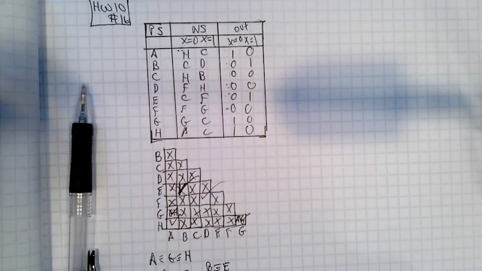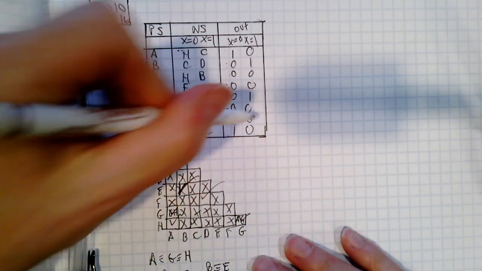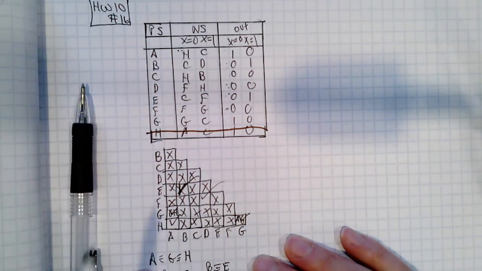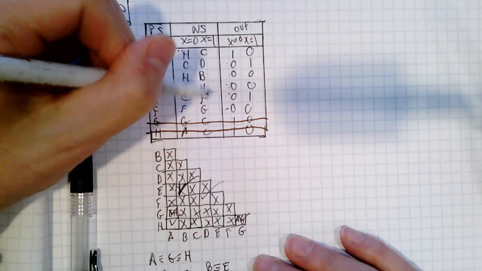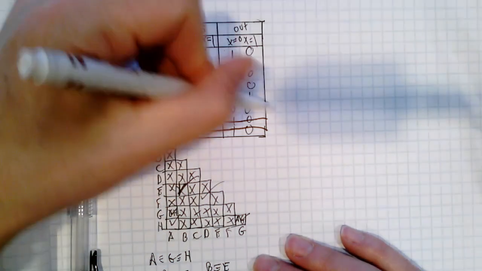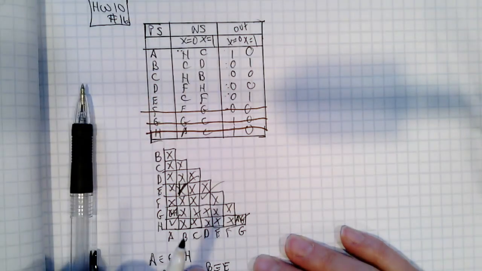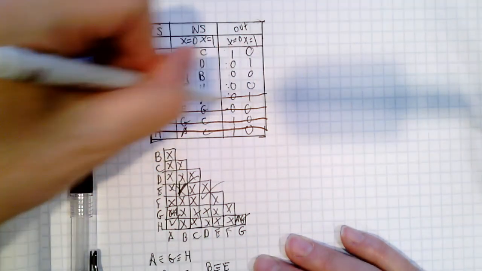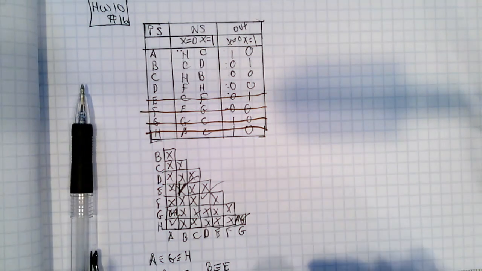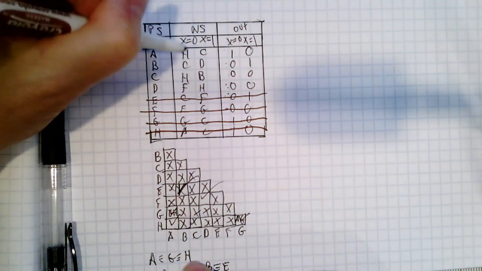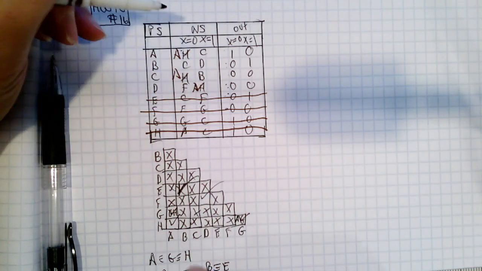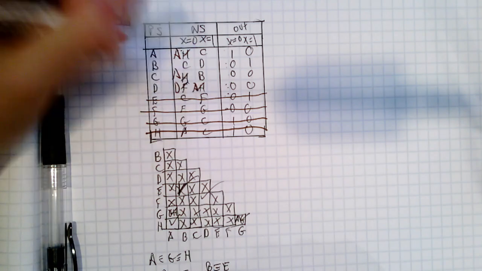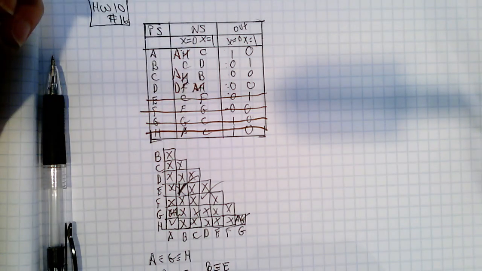So now, where are we? Any reference to H is replaced by A. Any reference to G is replaced by A. Any reference to F is replaced by D. Any reference to E is replaced by B. So if I see H over in here, this becomes A. If I see F over in here, that becomes D. I don't see any E's in here.